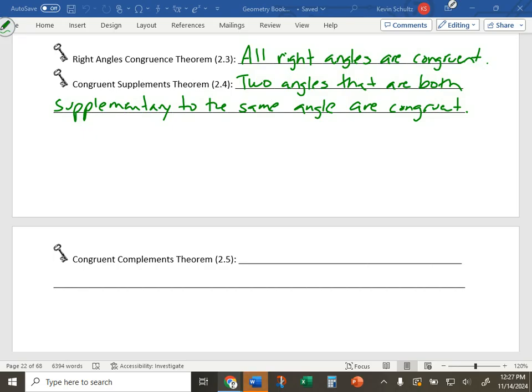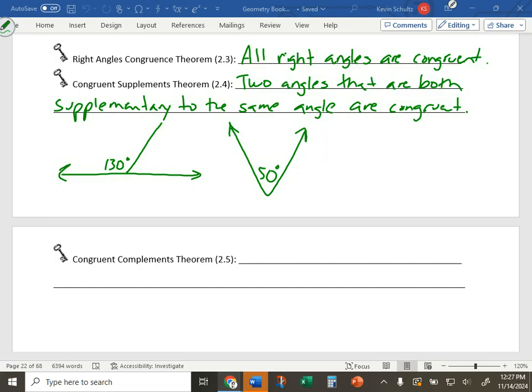Two angles that are both supplementary to the same angle are congruent. So, for example, if we had a line here with two angles, we'll say this one is 130 degrees there. Then we have another angle somewhere over here that we'll say is 50 degrees there.